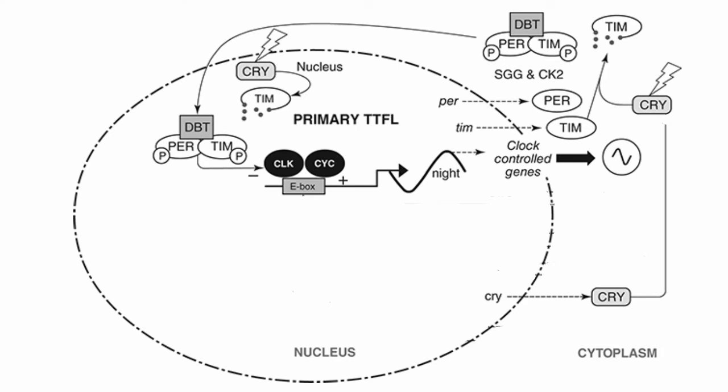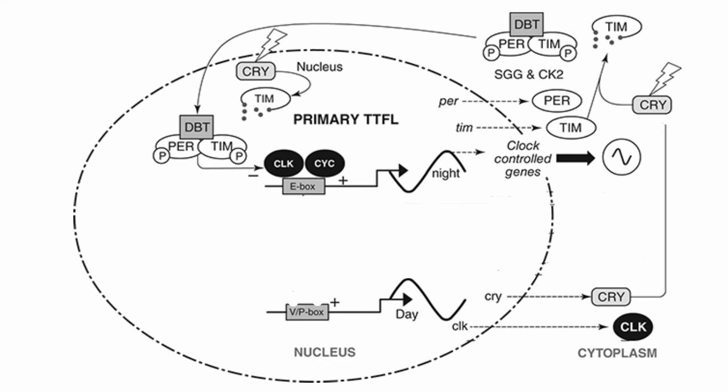Or during exposure to artificial light. And so this is part of the primary feedback loop. Now let's talk about the major secondary feedback loop. It involves the production of one half of our E-box activator, and that's Clock.